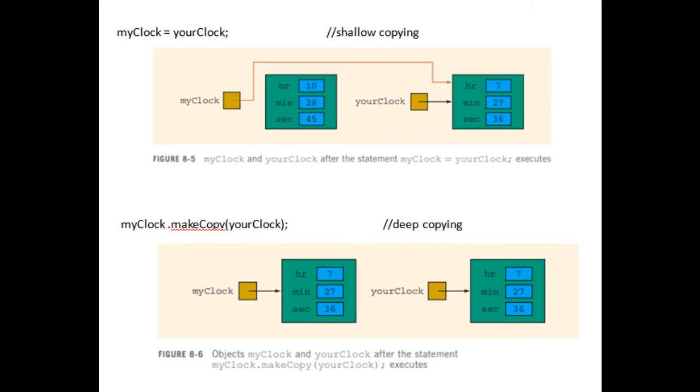In other words, the values of the three instance variables of the object yourClock are copied into the corresponding instance variables of the object myClock, as shown in Figure 8-6.